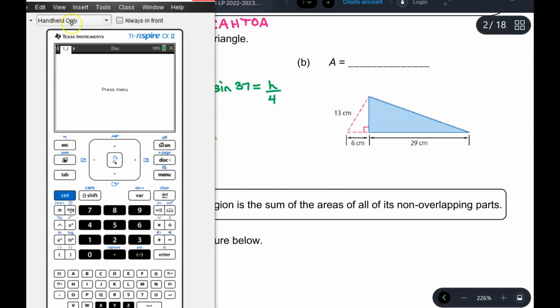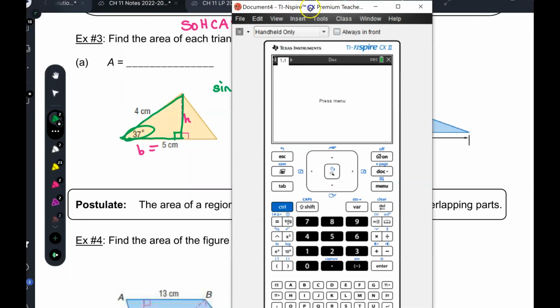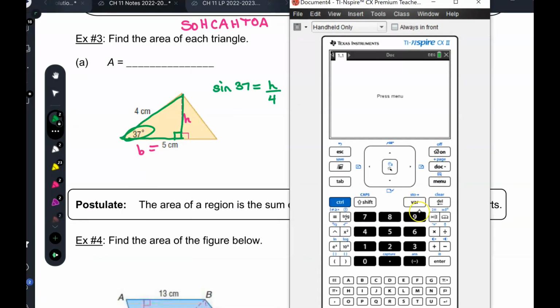How do we solve for h? We're going to take 4 multiplied by sine 37. Right? Okay. So I get about 2.4, but I don't want you to use 2.4.